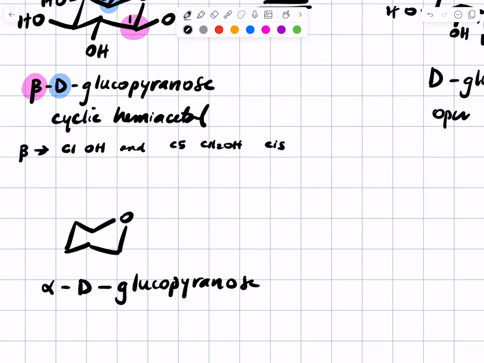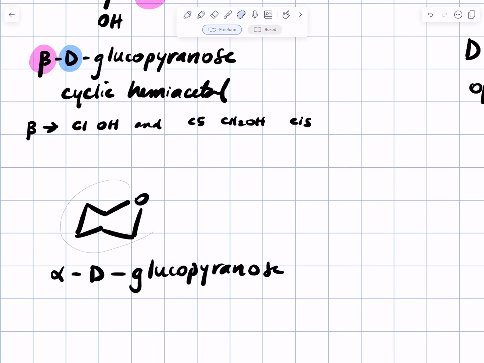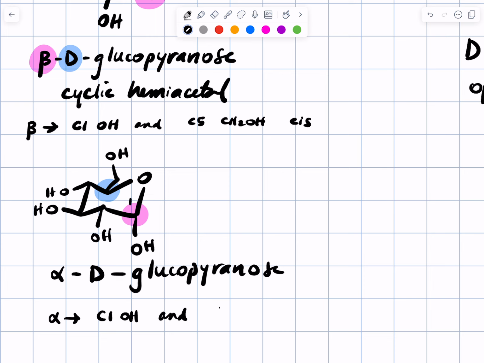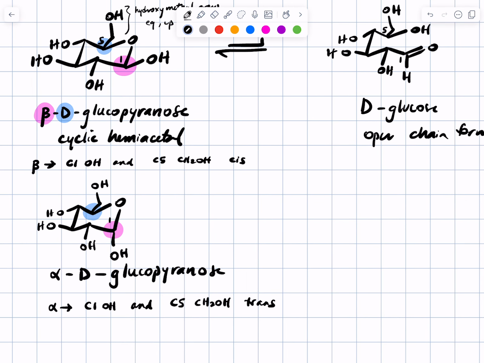You're going to draw this exactly the same way, only at C1 the OH group is going to be down, axial, instead of up, equatorial. And again, you can see that the reason this molecule is alpha is because the C1 OH group and the C5 hydroxymethyl group are trans to each other. Okay, so that's the beta part of the name.